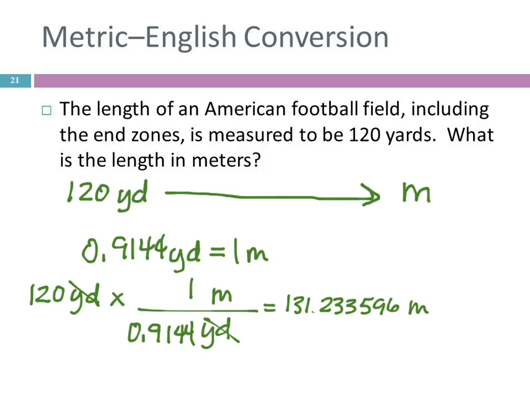That's a ridiculous amount of digits, isn't it? Well, this number, 120 yards, how many sigfigs? We get disagreement, 3 or 2? 2. This is an ambiguous 0. Now, is the football field measured to the nearest yard?